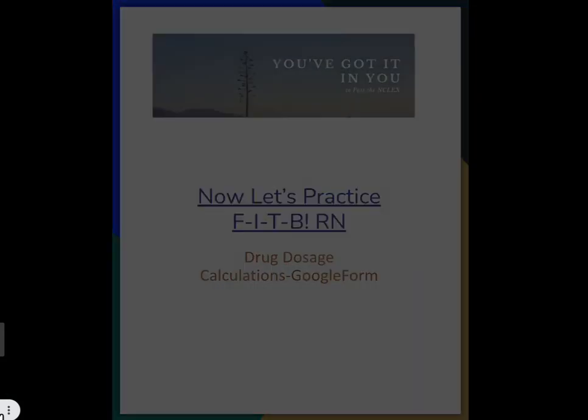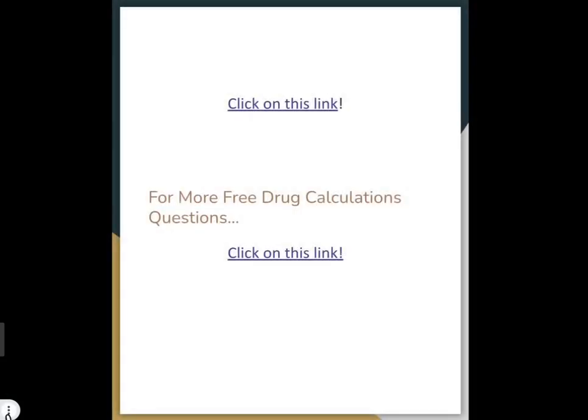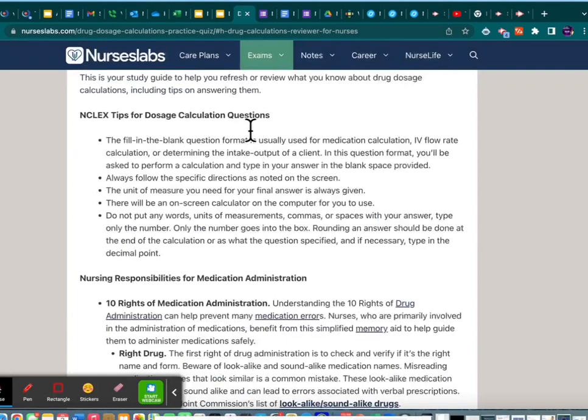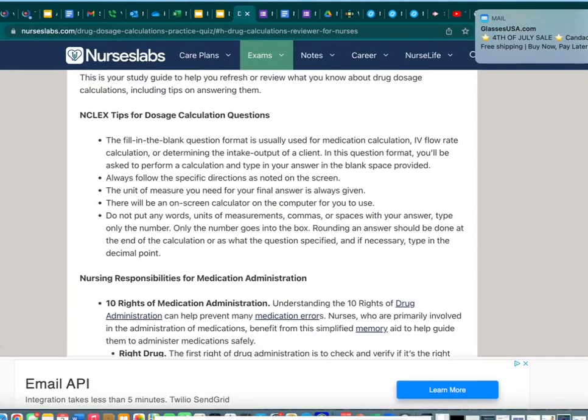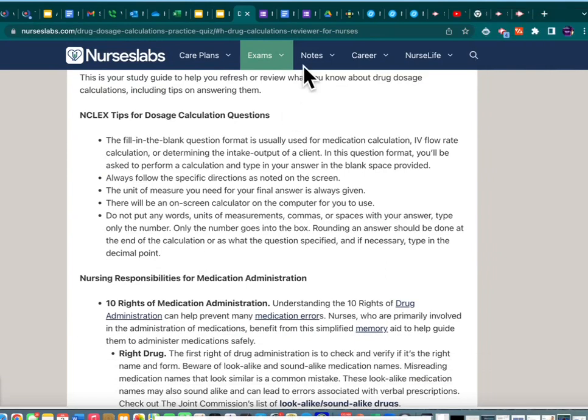All right, so there are practice questions here for the RN and PN, and then there are even more dosage calculation questions here. If you click on this link, it'll take you out to Nurses Labs. When you go out to Nurses Labs, you will see some tips here for working with dosage calculation questions.